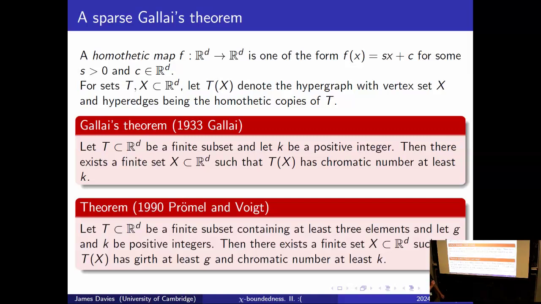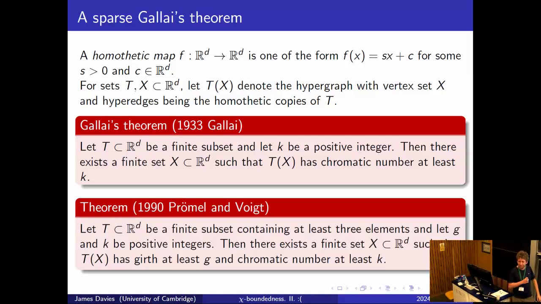You can pick your set of points in R^D, on which we put our homothetic copies hypergraph, so that your hypergraph has large girth as well as large chromatic number. This theorem strengthens Gallai's theorem by saying that not only can you find these geometric hypergraphs with large chromatic number, but they can also have large girth. So this lets us use them in Tasks construction and also get high girth.